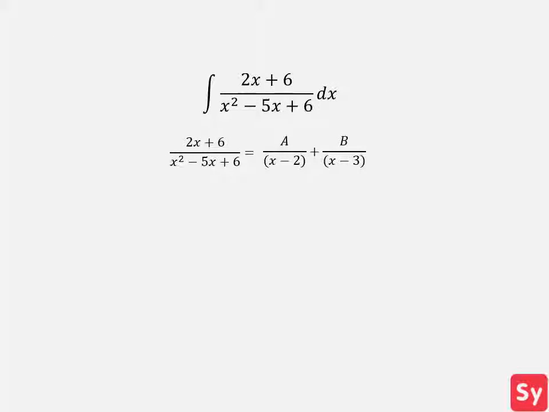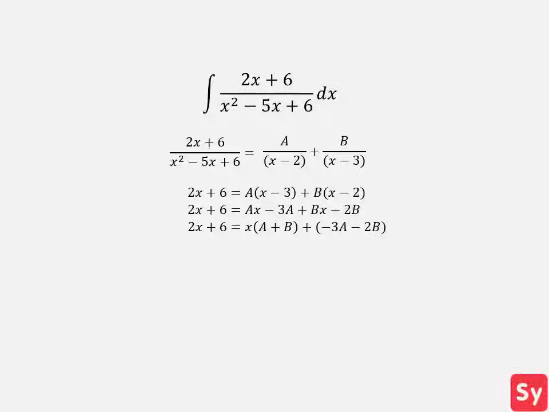And now we need to find what a and b are. So we set the numerators equal to each other, and then we multiply out the right side. Next, we'll reorganize, and now we can create a system of equations and solve it. From solving it, we'll get a equals negative 10 and b equals 12.